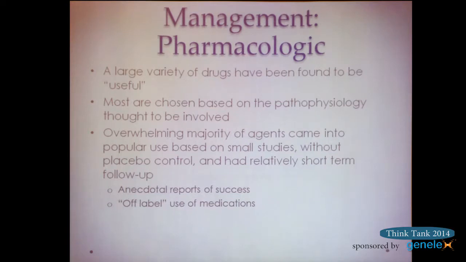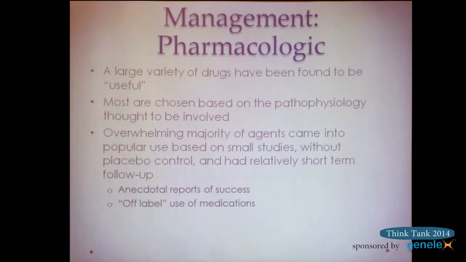So a lot of drugs are studied out there, and they've all sort of said, well, it could be useful. They're chosen based on the pathophysiology thought to be involved. And the overwhelming majority of the agents came into popular use based on pretty small studies without controls and have relatively short-term follow-up.